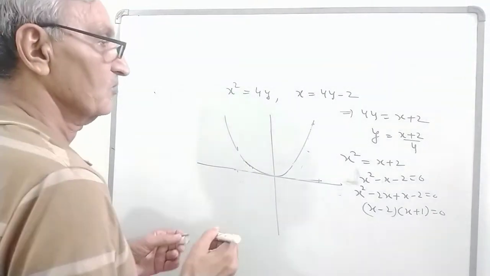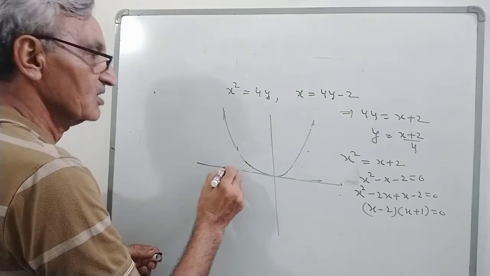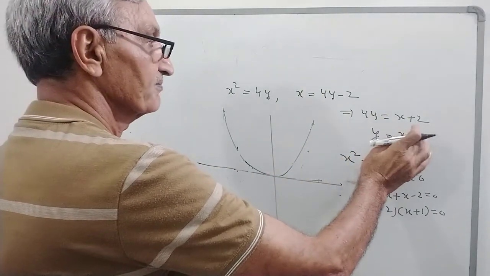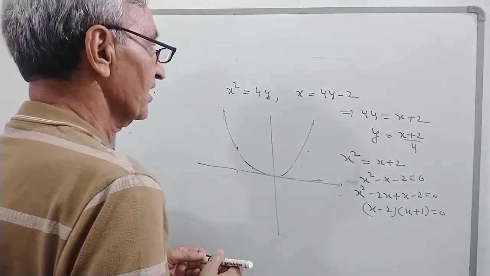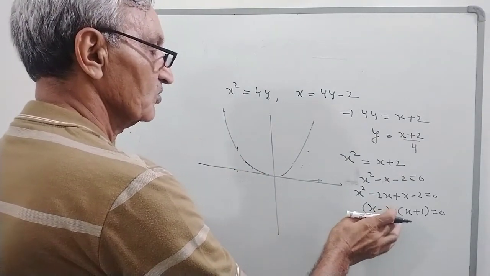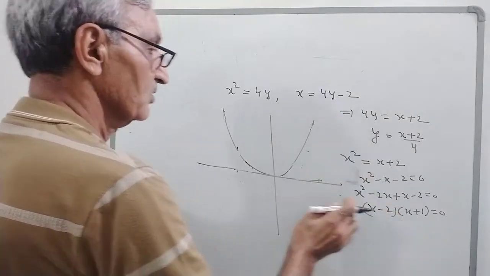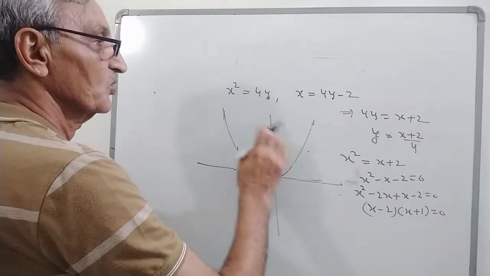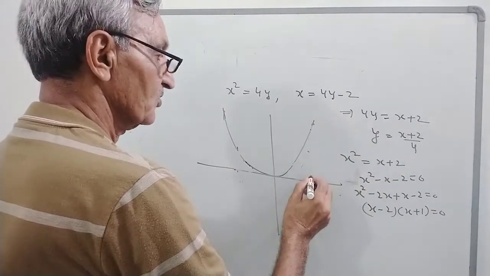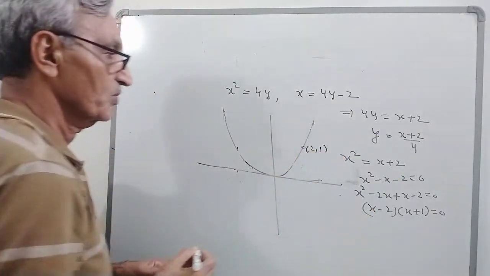When we solve both, x is equal to -1 and x is equal to 2, we found the points of intersection. So when x is equal to 2, y is equal to 1.